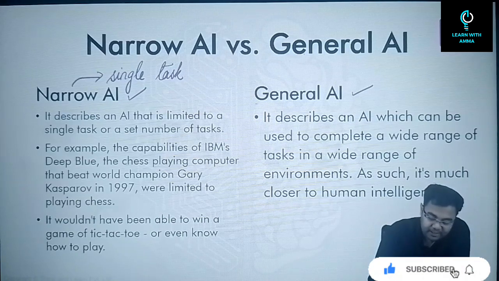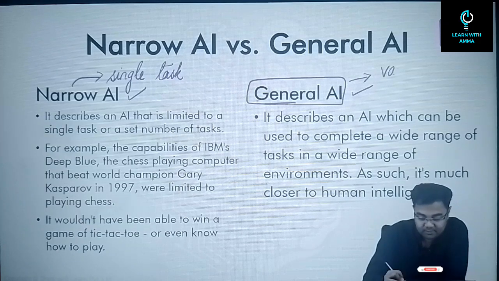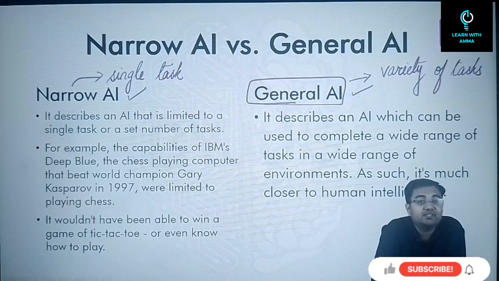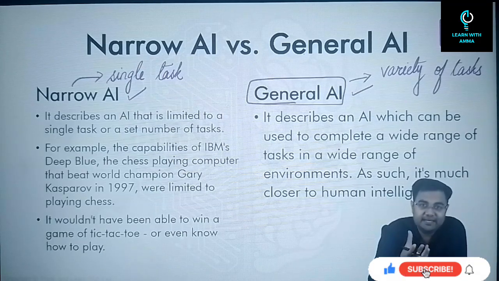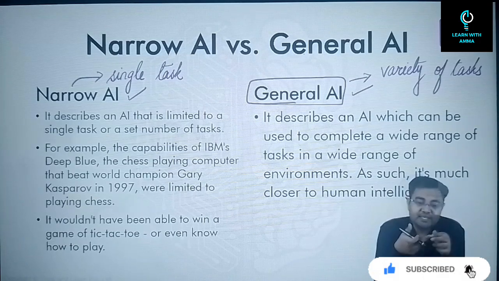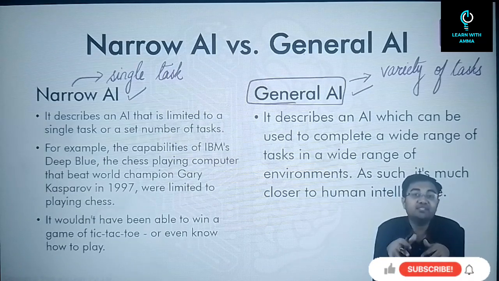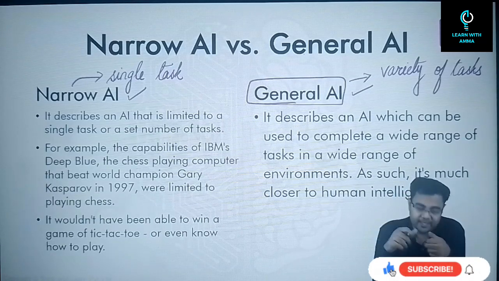At the same time, general AI is when artificial intelligence can perform a wide variety of tasks. In this case, we'll say that this is general AI. So let's say if one artificial intelligence machinery is able to play chess, is able to play Ludo, is able to do XYZ things, it can recognize voice, it can recognize facial patterns, etc. Then in that case, it will be a case of general AI, right?